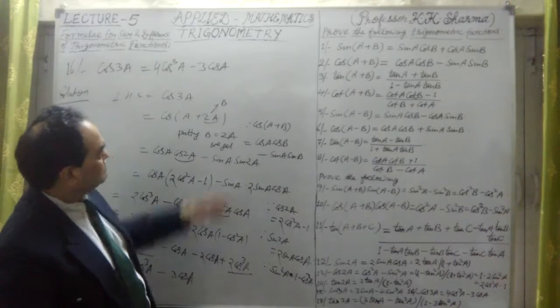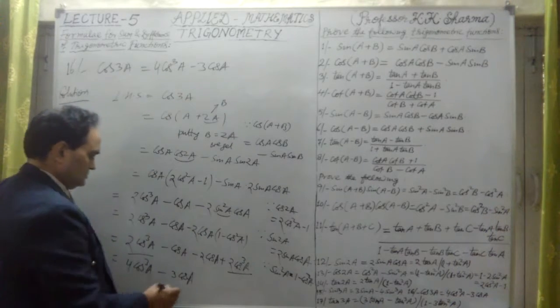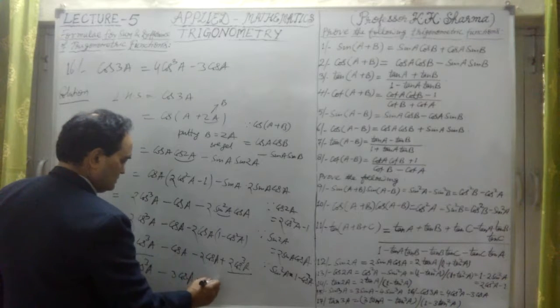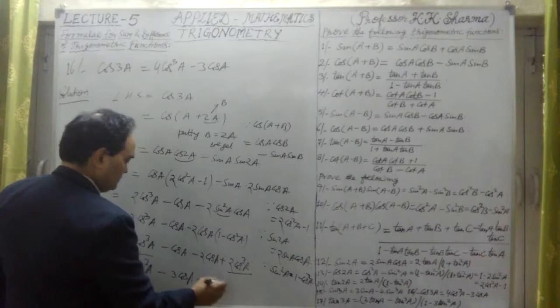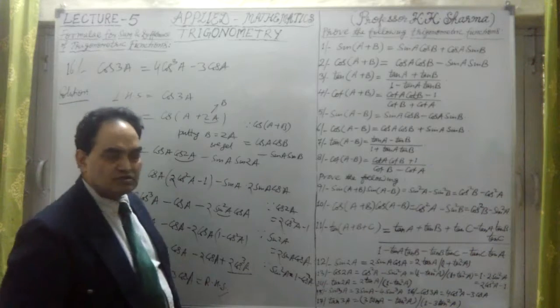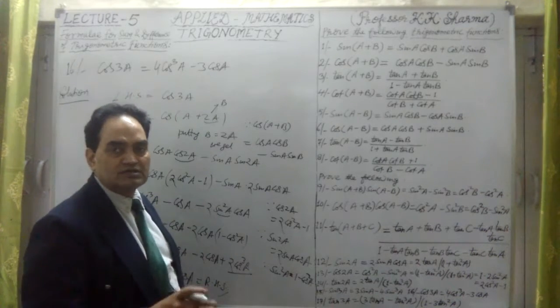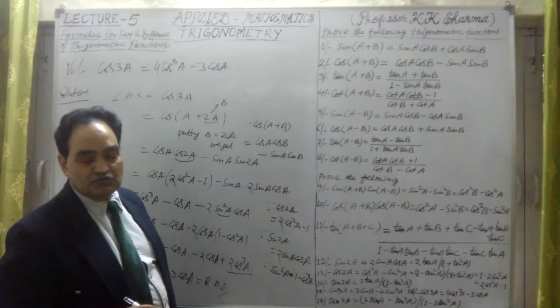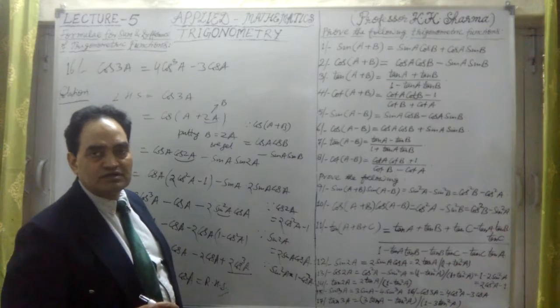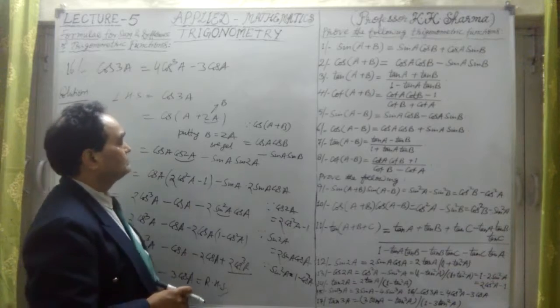This is the right hand side. And then we have to remember this formula that cos 3a is equal to 4 cos cube a minus 3 cos a. In case of sin, sin 3a is 3 sin a minus 4 sin cube a. That is the point.